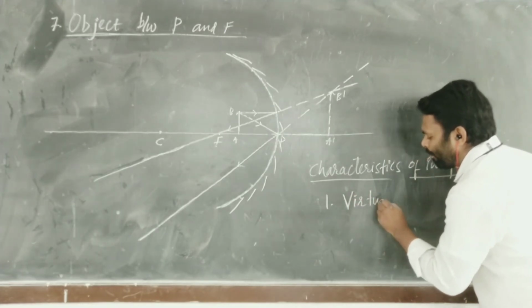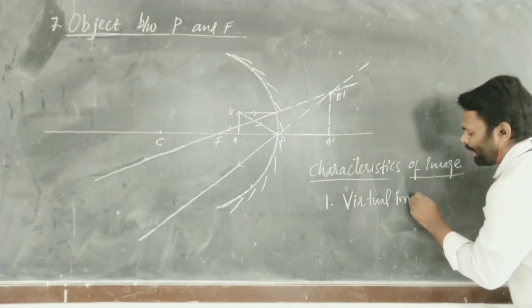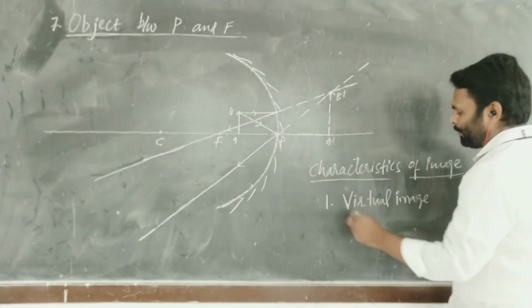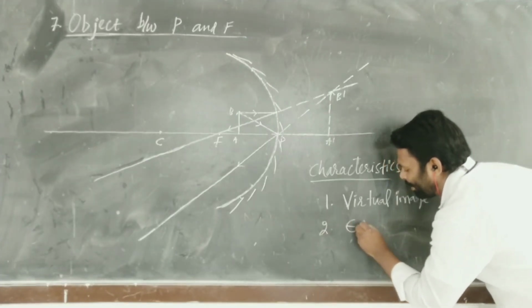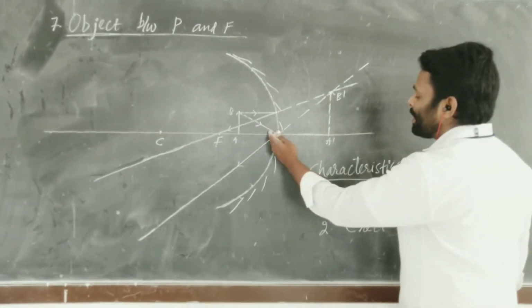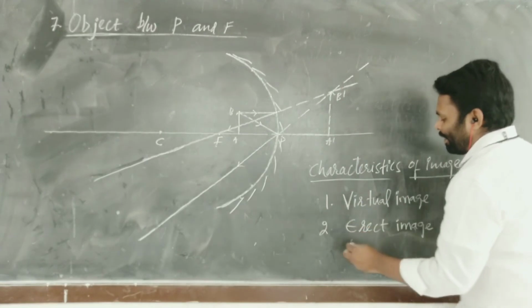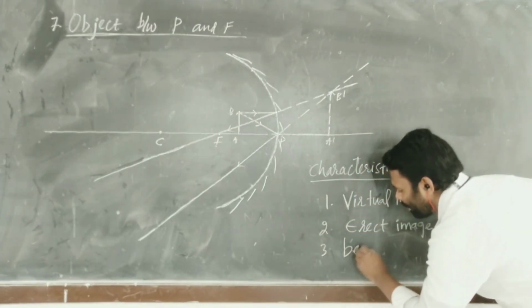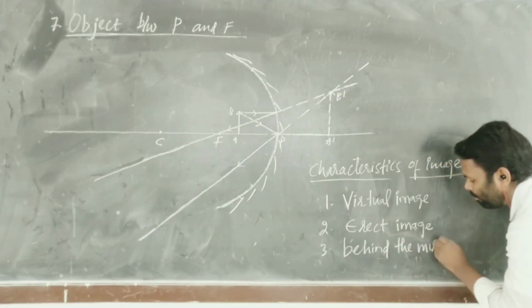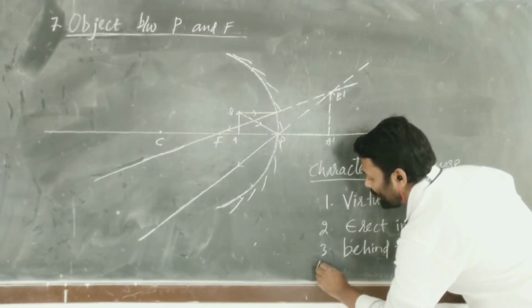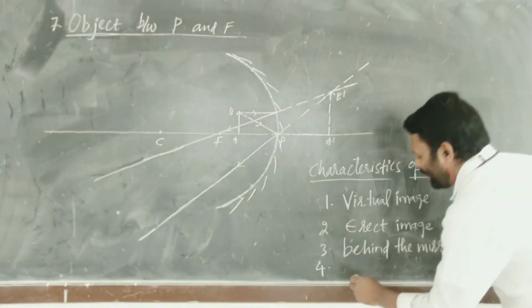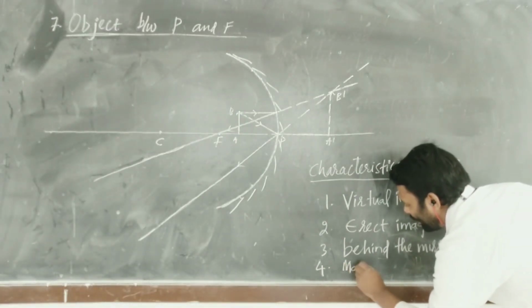Because the reflected light rays are divergent. They are extended in the backward direction, so the image is formed. And all virtual images are erect images. And where is this image formed? Behind the mirror. And the height of the image is more than the height of the object. So it is an enlarged image, that's nothing but a magnified image.